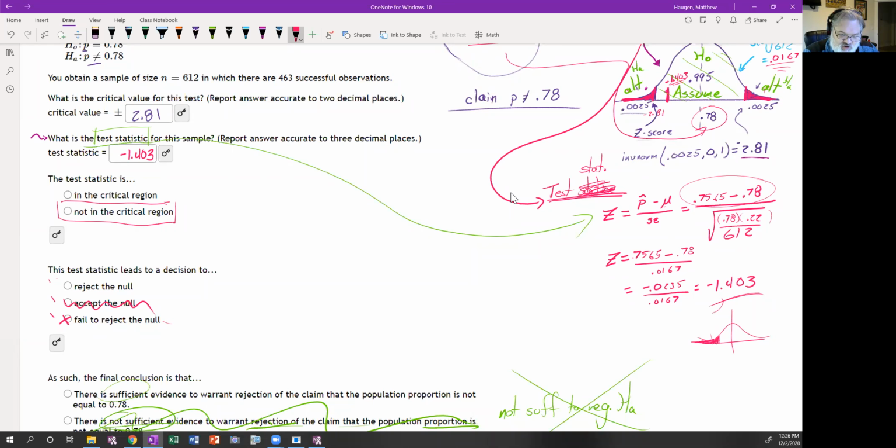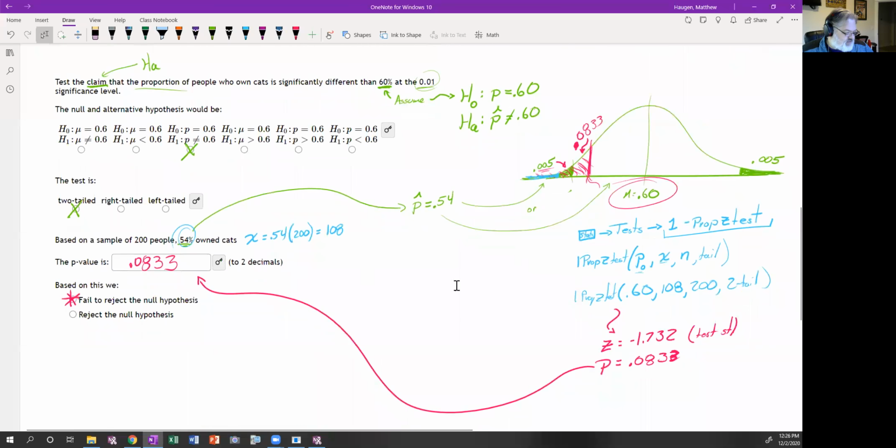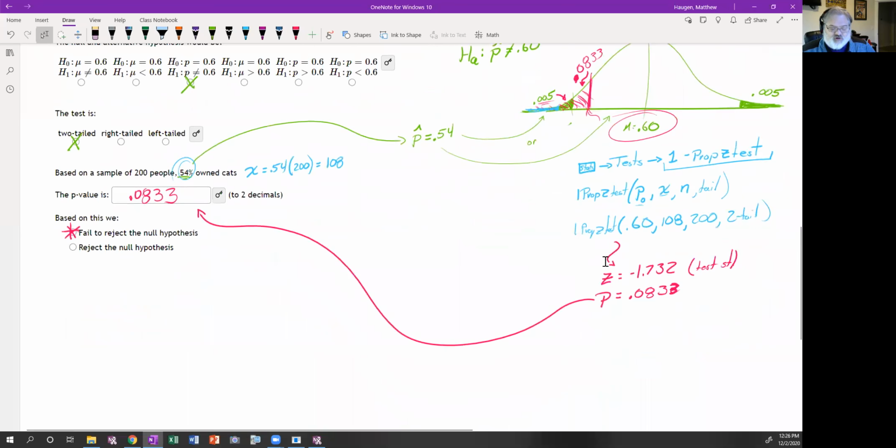That area below would have been our p-value. Now we didn't because we weren't asked for it, but it would just have been one extra step here. The handy thing about the p-test is it does it for you. It does all those calculations we did above and just says, here's your p, and by the way, here's your test statistic if you happen to want it. Cool.